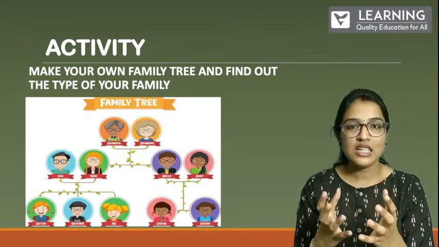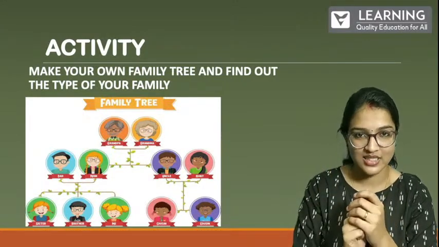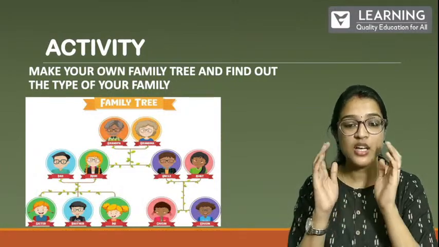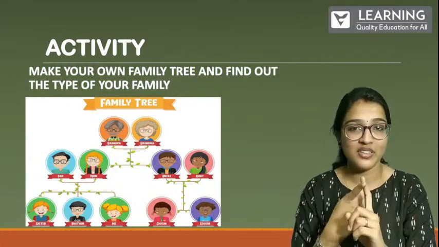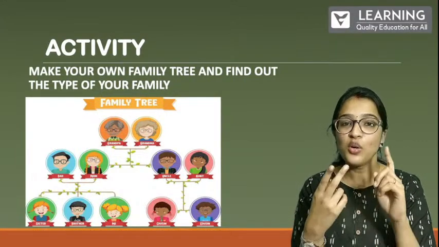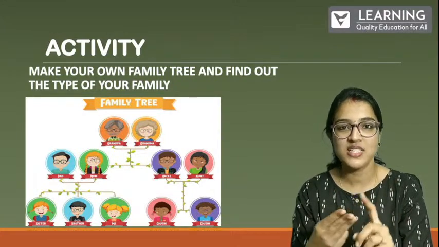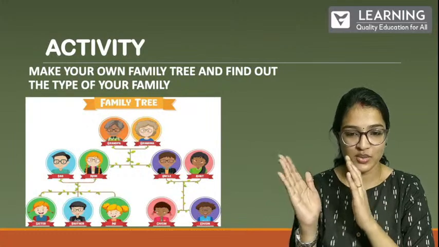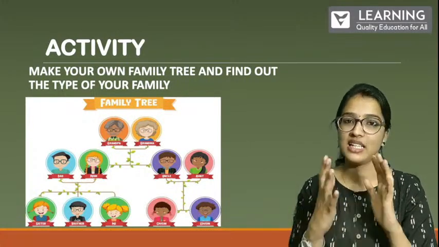Okay. So either you can use pictures or you can use the signs which we learned. So using pictures or signs, you have to create your own family tree and find out how many generations are there in your family, who are your family members, what are their relationships, and how do they all work. Okay, so this is the activity for you to draw a family tree.